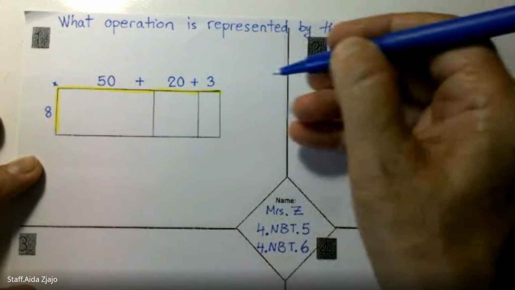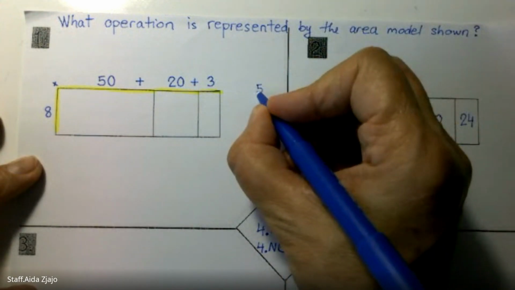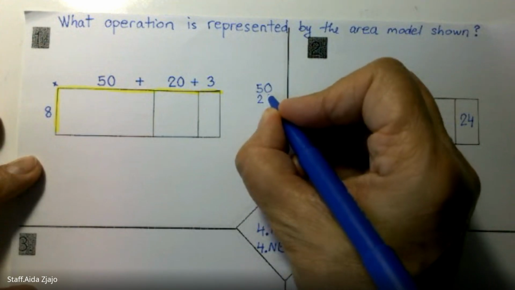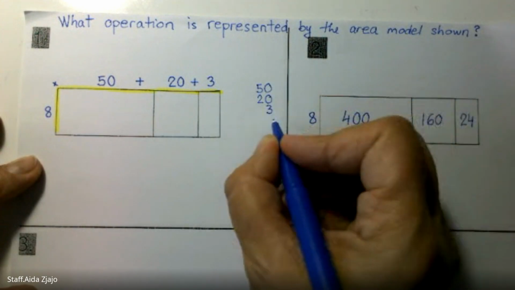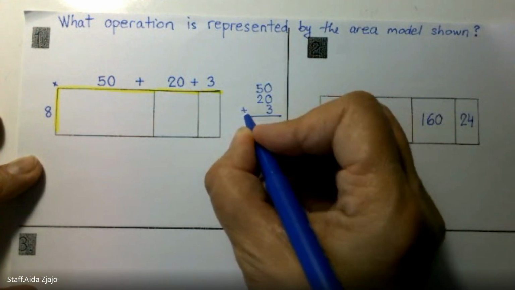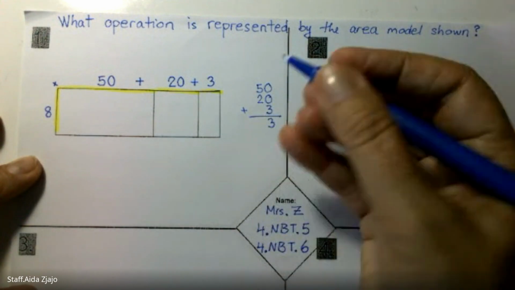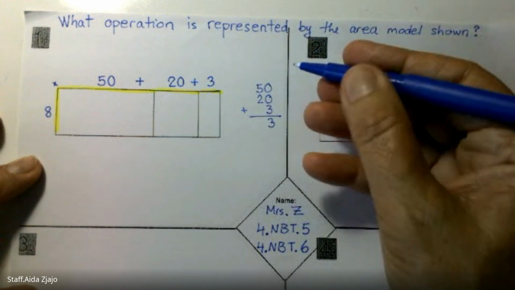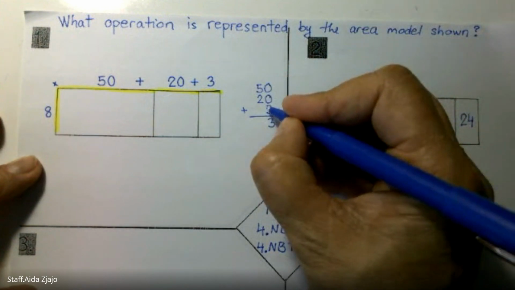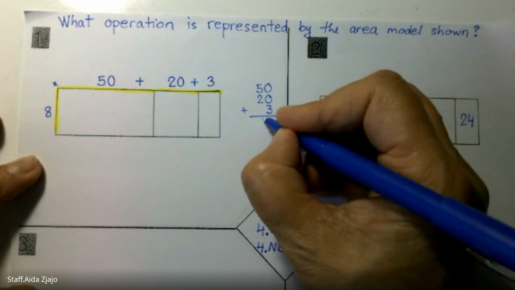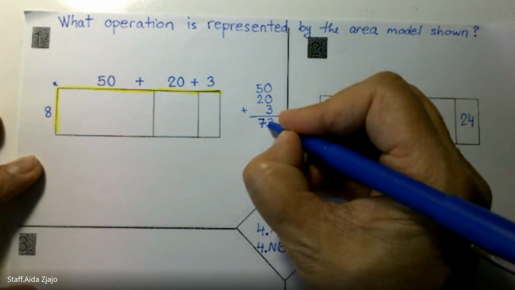So now on the side, you can add 50 and 20. It doesn't matter what the numbers are, you always use the same procedure, because sometimes it could be thousands or hundreds, or tens or ones. So that is 73.